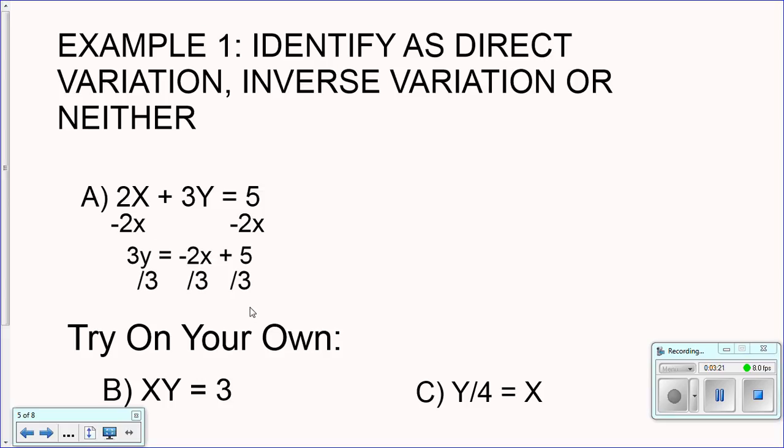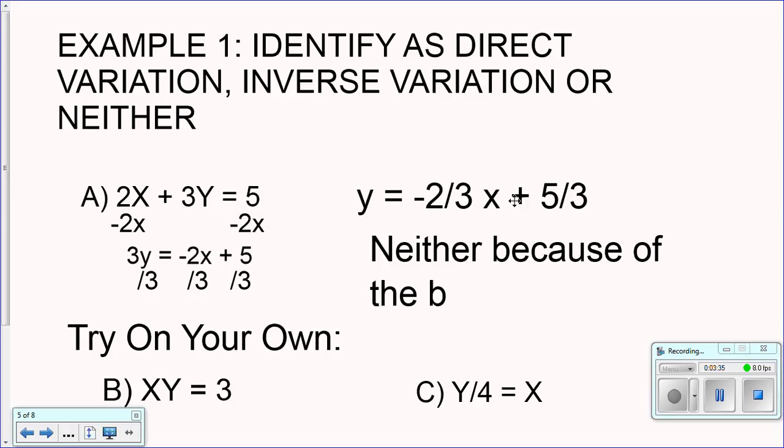I divide everything by 3, so I get the equation y equals negative 2/3 x plus 5/3. Solely because we have this plus 5/3 part, it's neither. In an inverse variation, it doesn't cross the y-axis, so there's no y-intercept. With a direct variation, the y-intercept is 0, so adding it on to the end doesn't seem helpful.